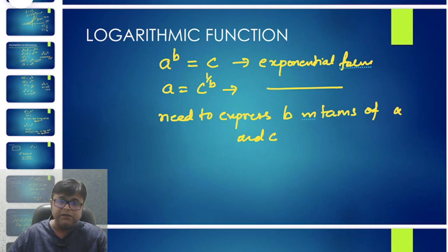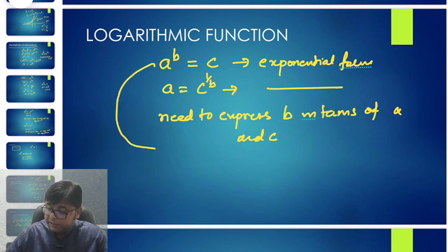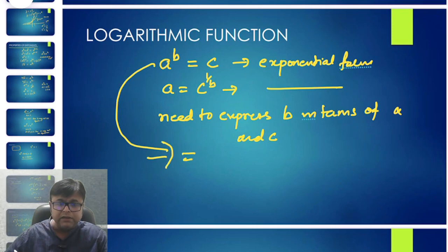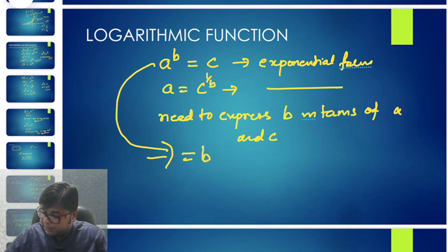That is where the mathematicians thought, how can we do that? And they introduced a function called log. So the same exponential form can be written by introducing a new function. They're just expressing b in terms of a and c. So b expressed in terms of a and c will be log of c in base a.